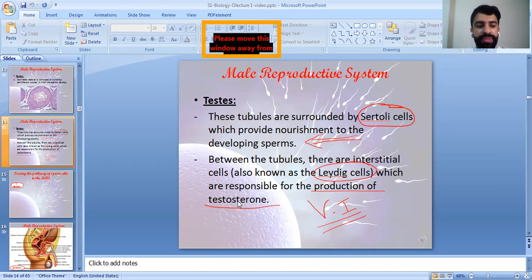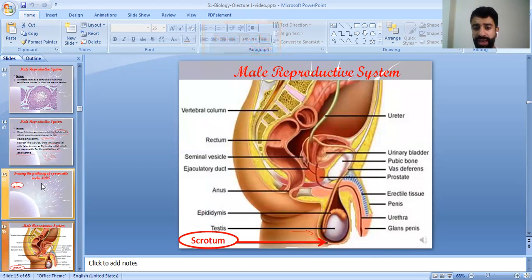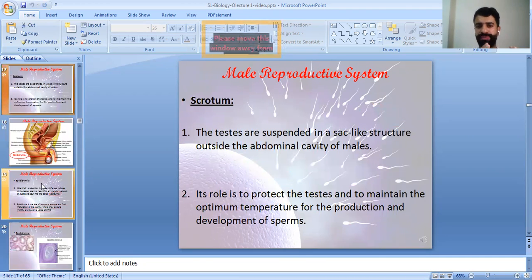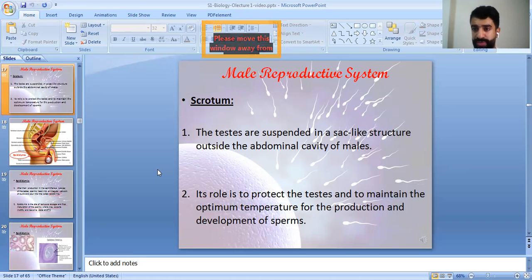Here, we will move to tracing the pathway of the sperm cells in the male reproductive system. It starts first at the level of the testis, the production of the sperm cells and the primary sexual hormone, testosterone.